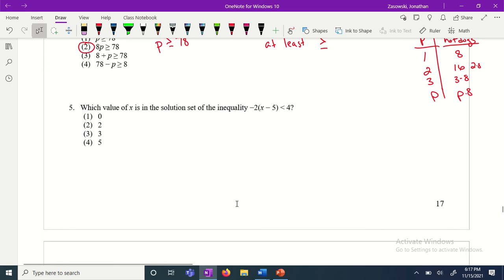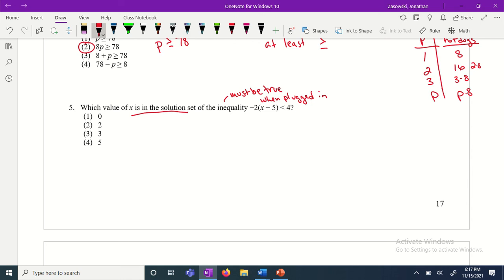Now, if you get to a crazy question, like having trouble solving it, you get an answer, oh, that's not it. Remember, you can also substitute. There's only 4 possible answers. If it's in the solution set, that means the inequality must be true when you plug in the number.